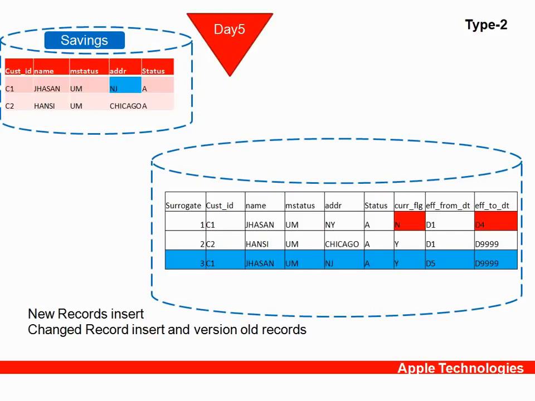I'll go to this table, select star from this table where the date, October 2013, is between effective from date and to date. So you can see all the historical information and the current information. You can also track at what period, what is the status, what is the information of that particular customer.